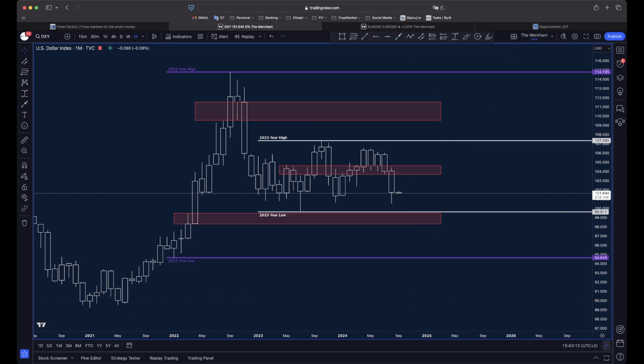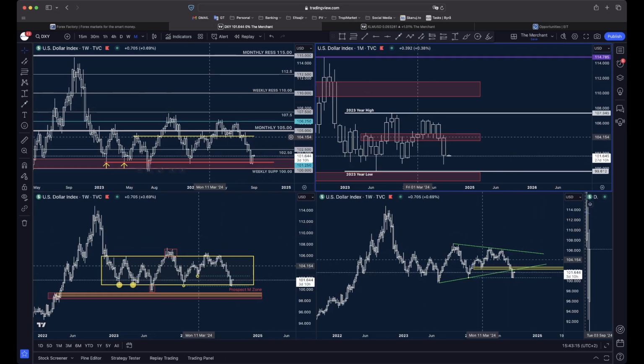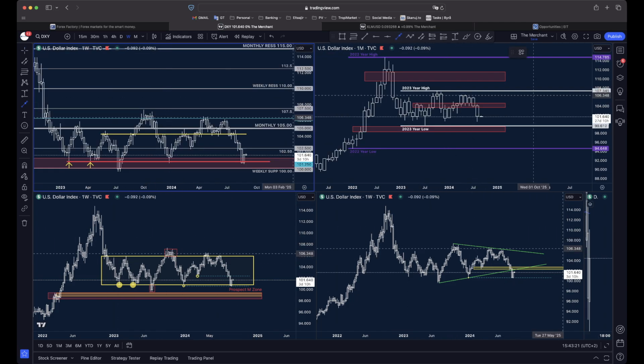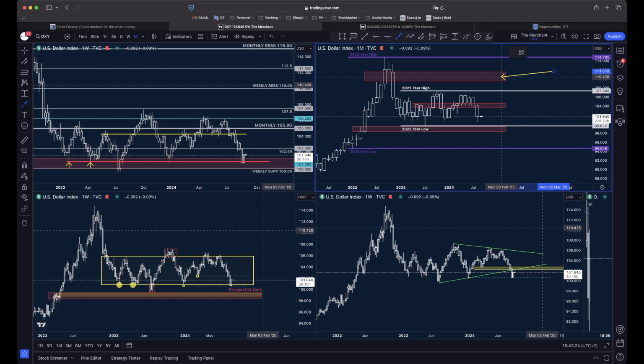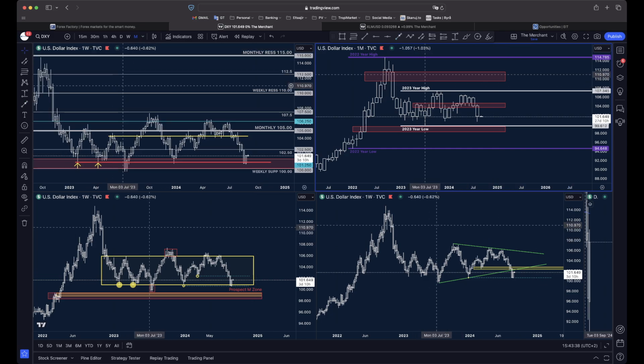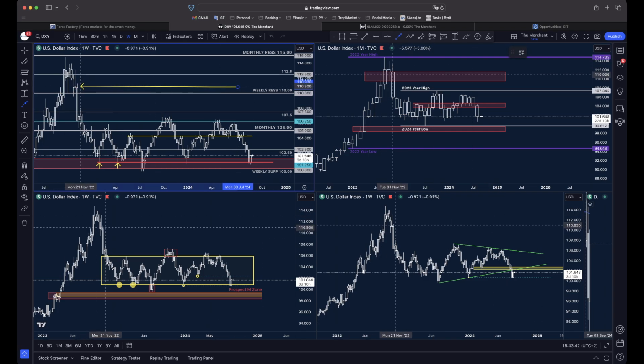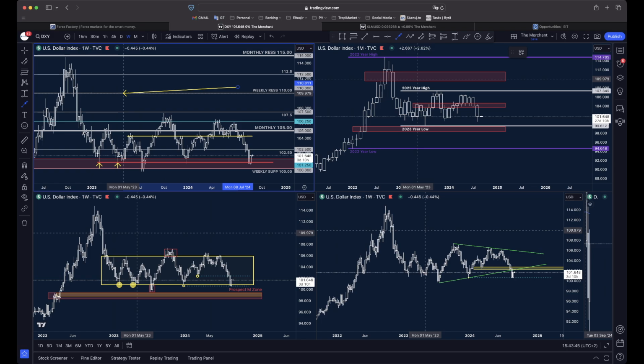And guess what? If we look at this zone, let me just highlight it here. If we look at this red zone on the top right chart, you will see on the top left chart that this is the level of 110, where, as I said, price broke below and didn't come to retest as a resistance.